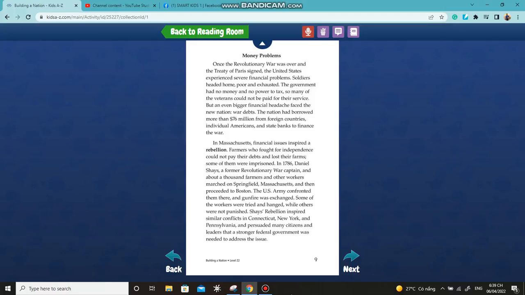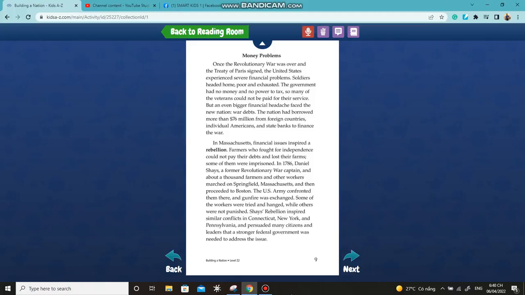In Massachusetts, financial issues inspired a rebellion. Farmers who fought for independence could not pay their debts and lost their farms. Some were put in prison. In 1786, Daniel Shays, a former Revolutionary War captain, and about 1,000 farmers and other workers marched on Springfield, Massachusetts, and then proceeded to Boston.